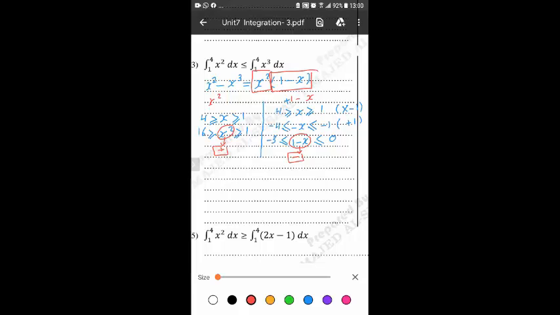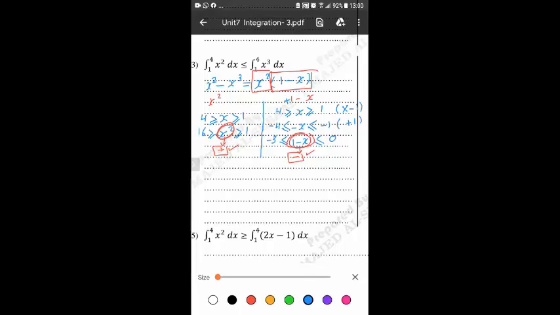So when I multiply, I want you to see that x squared, this one, is multiplied by 1 minus x. When I multiply positive by negative, what will I get?